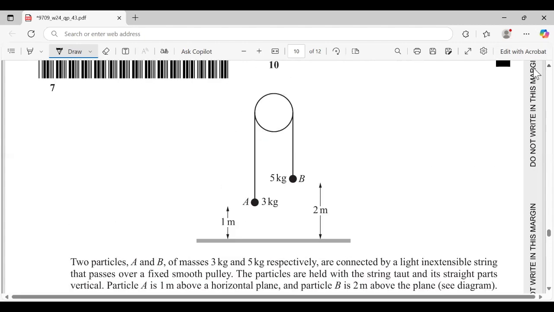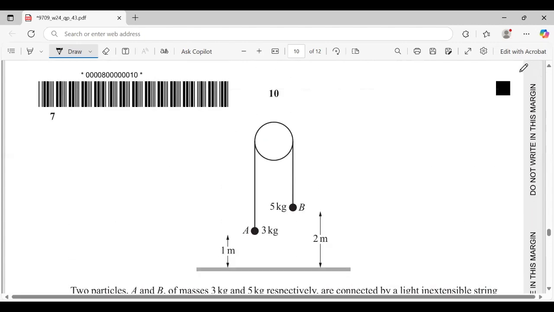If you look at this diagram, the tension acts upwards on particle B, while there is another force, m times g, acting downward on this particle.